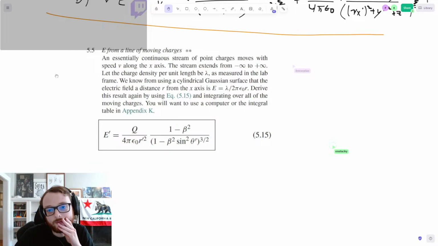So this is the same equation that we used in the last one, I think. This is for a single point charge, and the thing we're going to be integrating is over all point charges, I guess.